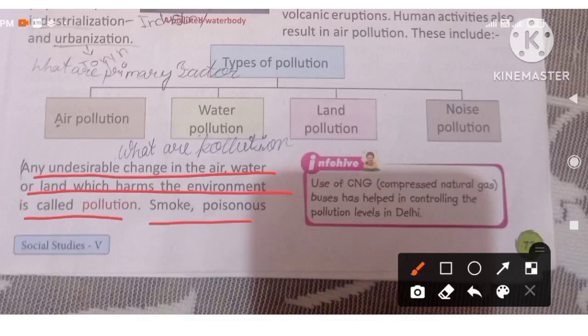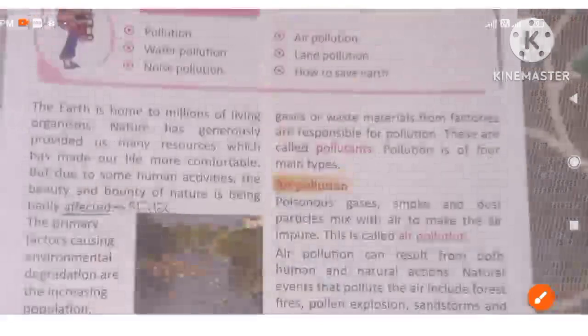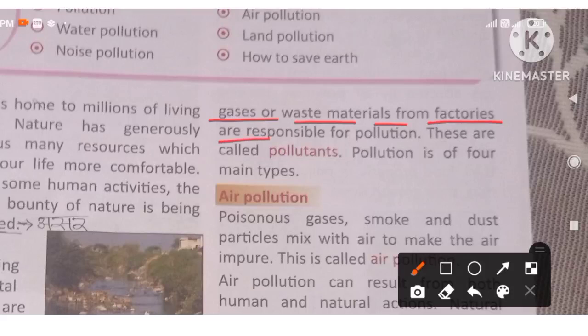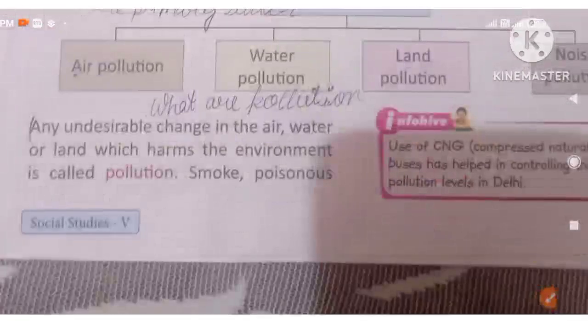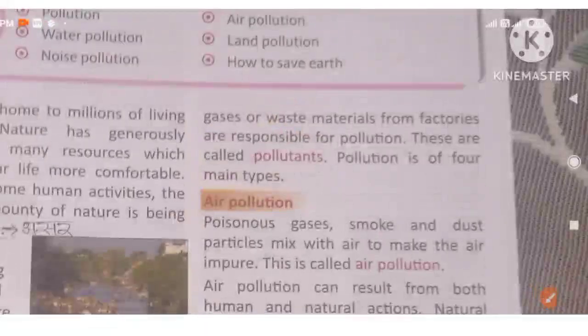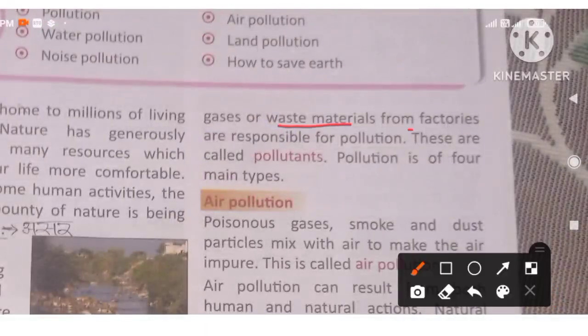Smoke, poisonous gases or waste material from factories are responsible for pollution. These are called pollutants. What is a pollutant? Now you can tell me what a pollutant is. As you have already read, smoke, poisonous gases, waste material from factories are responsible.